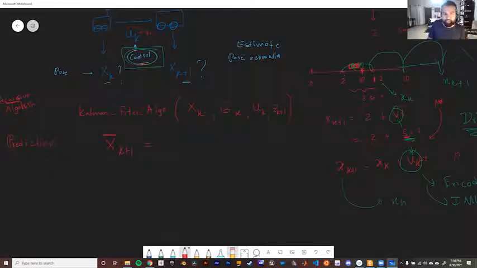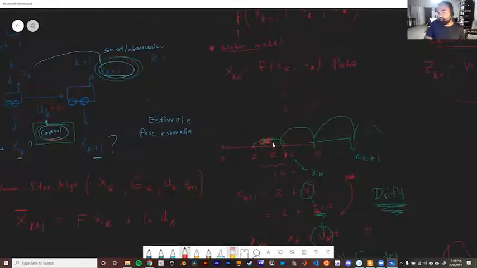Some sort of matrix F multiplied by xk plus G multiplied by uk. What you're putting into this, you will get a prediction forward: this is the predicted next location, the mean location, because this xk, remember, is the mean of the function.